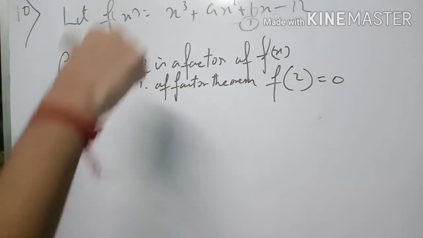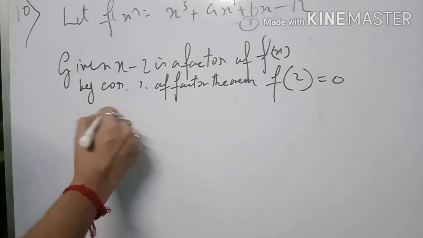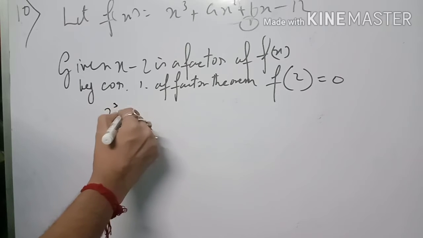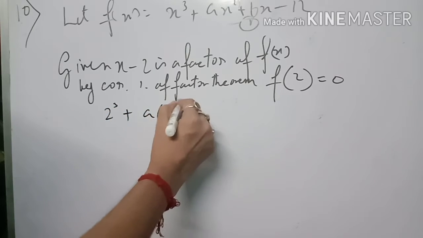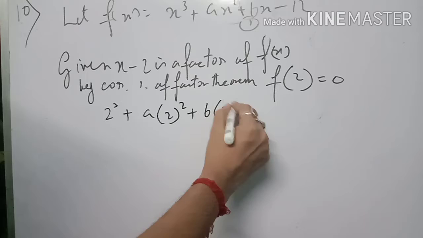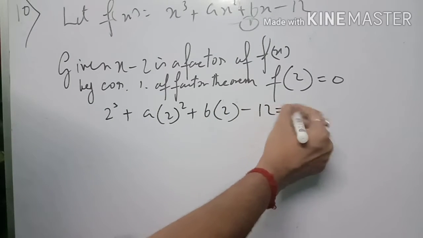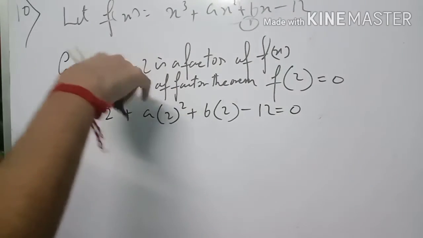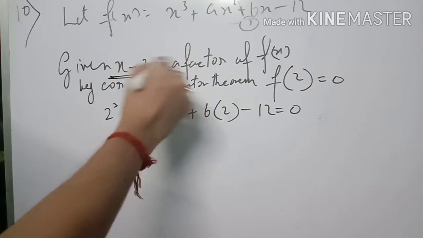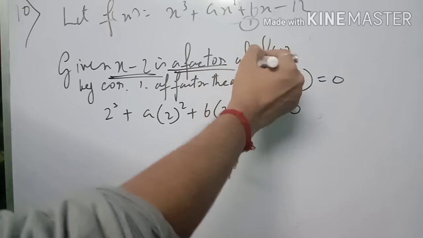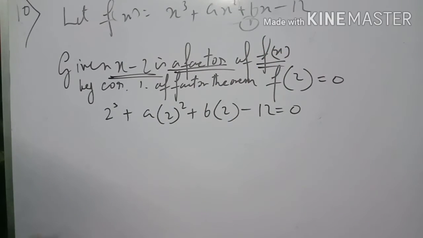So let us substitute the value of 2 in place of x. So it will be 2 cube plus a times 2 square plus b into 2 minus 12 equals 0, because x minus 2 is a factor of f(x). Clear? Okay, let us proceed.